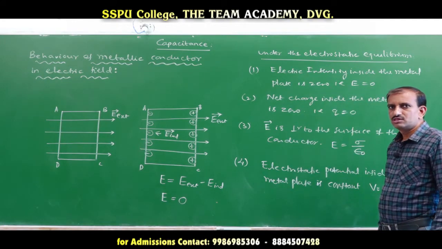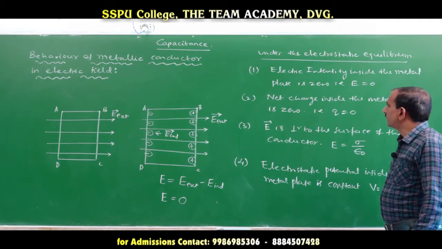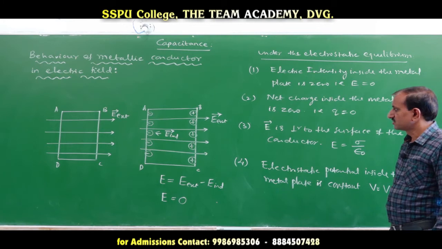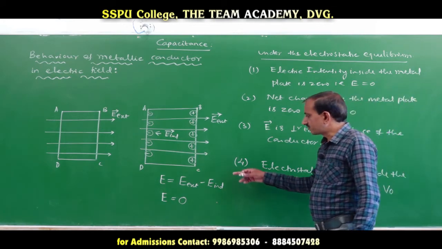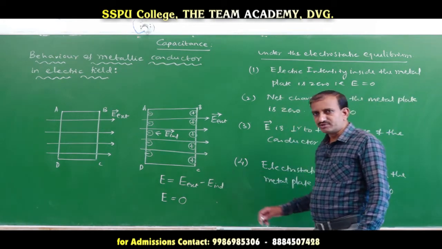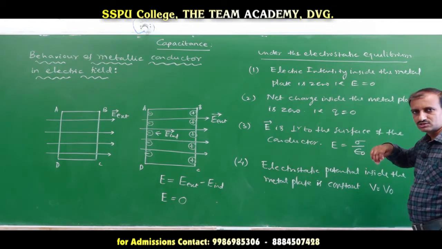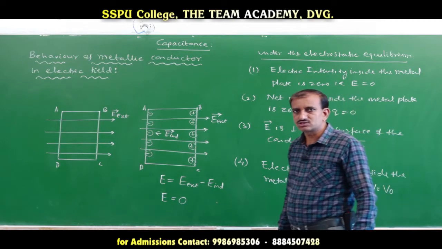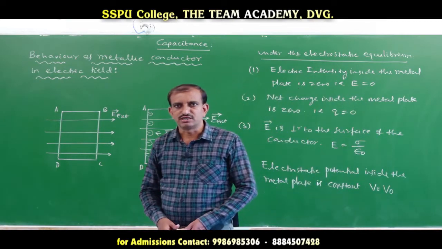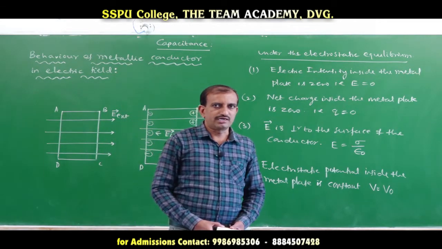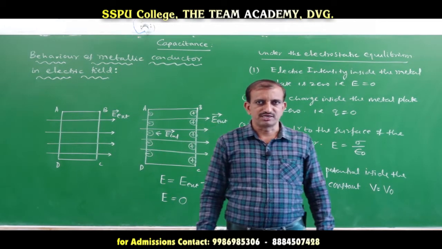Therefore, when a metallic plate is placed in an external electric field, it is in electrostatic equilibrium. In electrostatic equilibrium, the net electric intensity inside the metal plate is 0 and the net charge inside the metal plate is 0.